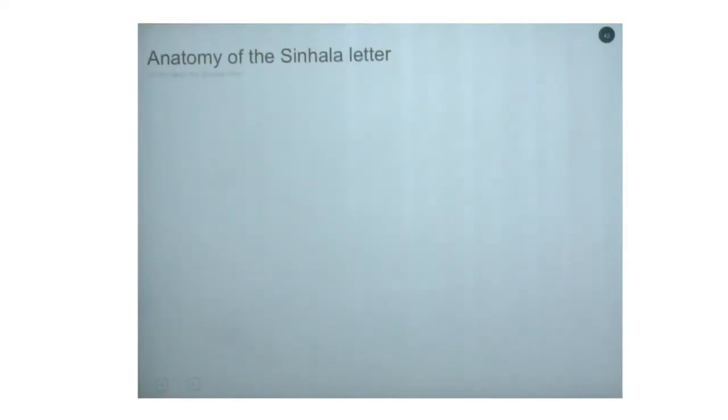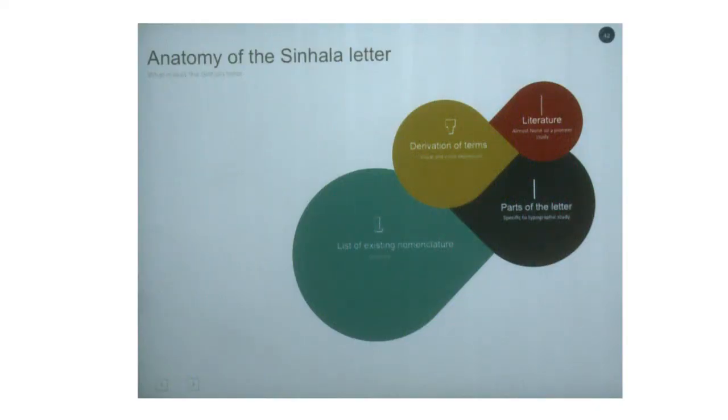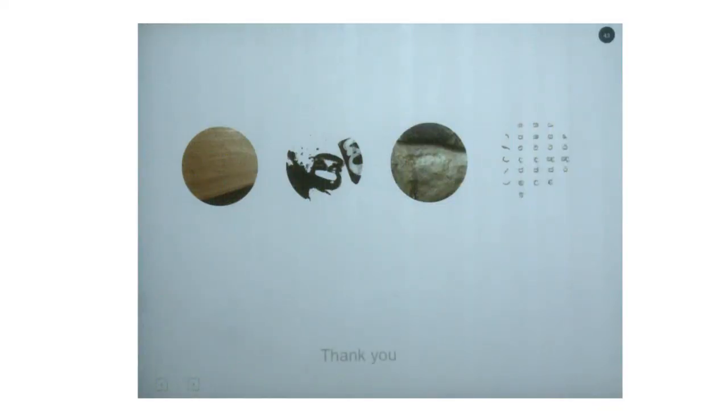These findings can definitely help in concluding, or at least starting, with the glyphs for Sinhala, because in font designing we are always going back and forth on how many glyphs there are. So this is my study, and I hope you all will take something home from what I have done.